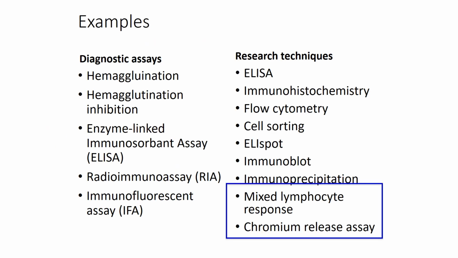Some of the examples for diagnosis, the methods used are hemagglutination, its inhibition, then ELISA, radioimmunoassay, or immunofluorescent assays. Some of the same techniques are also used in research, but there are additional ways that are used, such as cell sorting, immunoprecipitation, immunoblot, and then there are mixed lymphocyte responses and chromium release assays as well. These are for research purposes where the amount and concentration of the antibodies is determined.